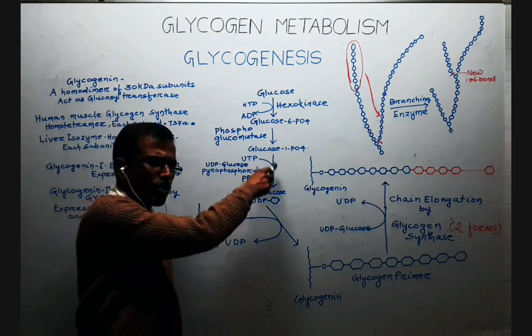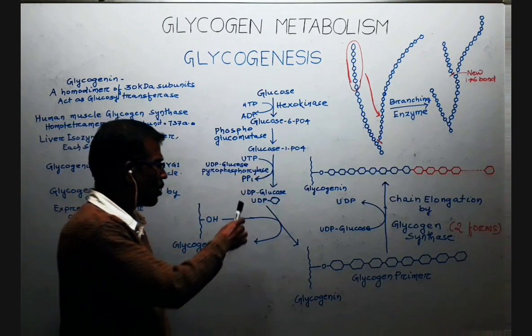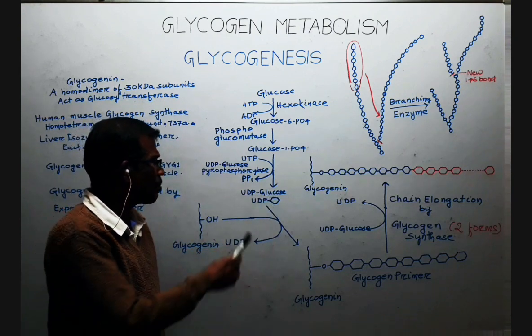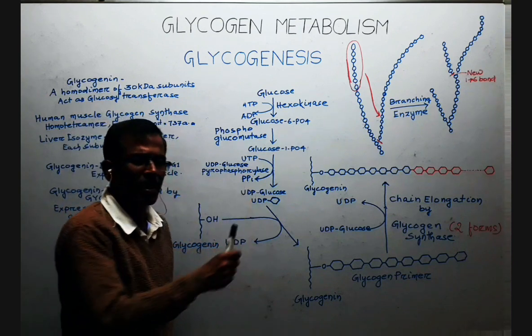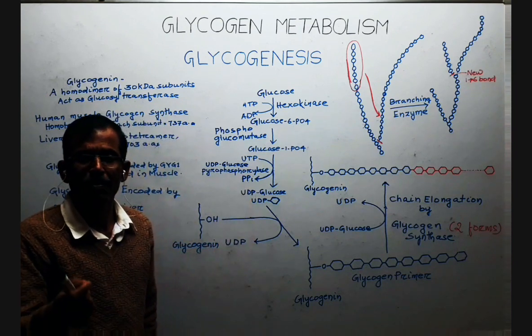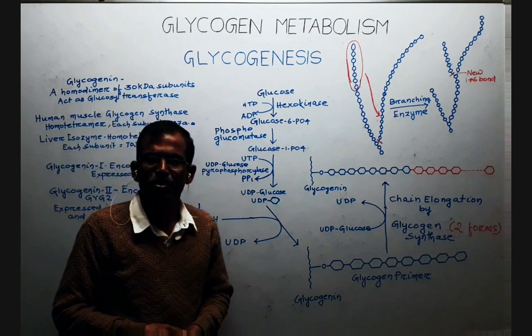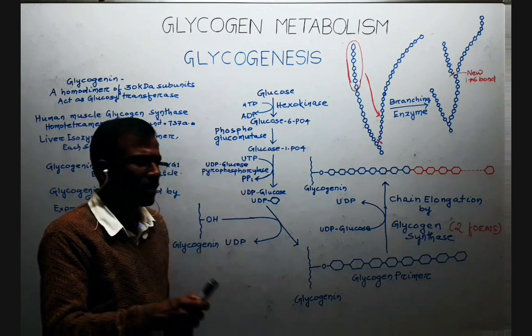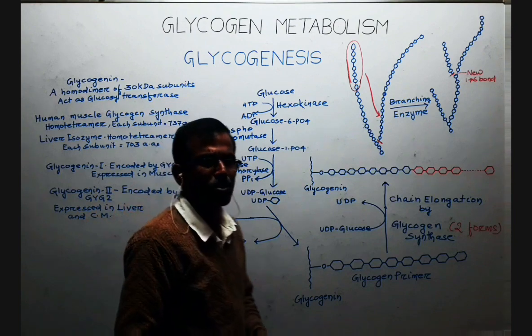This reaction proceeds in the direction of formation of uridine diphosphate glucose because the enzyme pyrophosphatase hydrolyzes pyrophosphate to 2 phosphate, thereby removing one of the reaction products. So removal of pyrophosphate favors the formation of uridine diphosphate glucose.